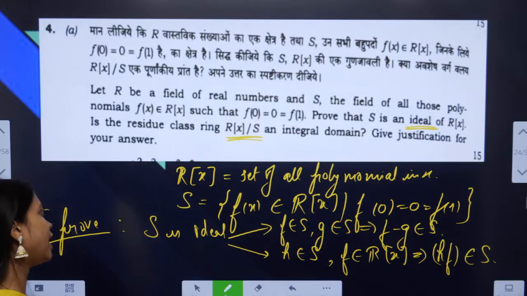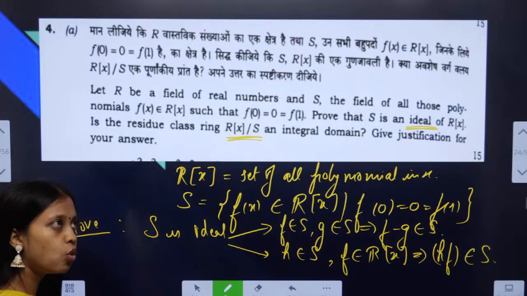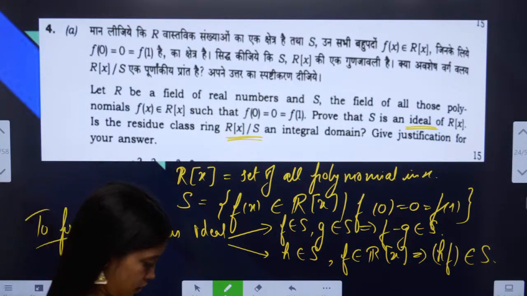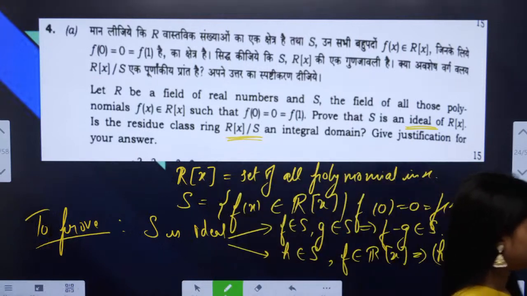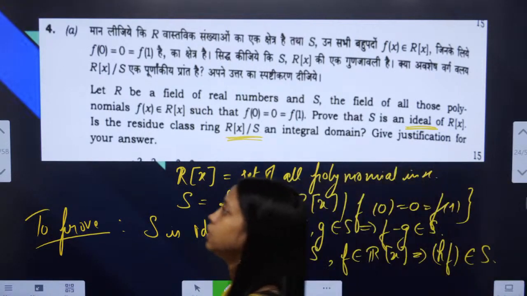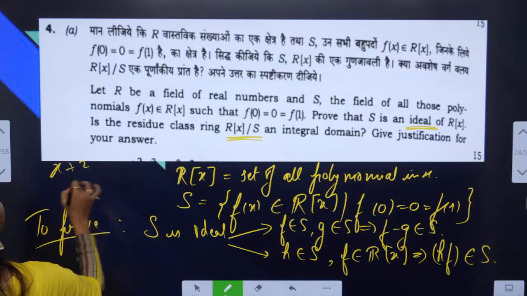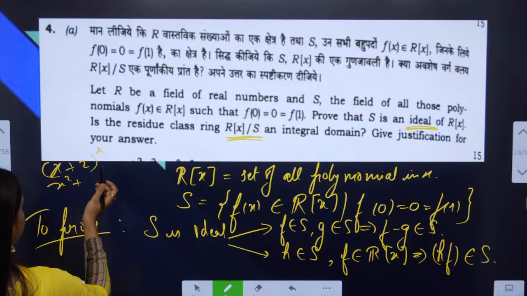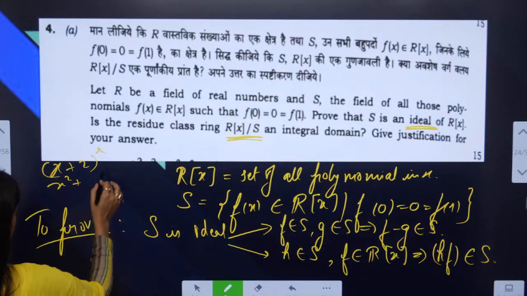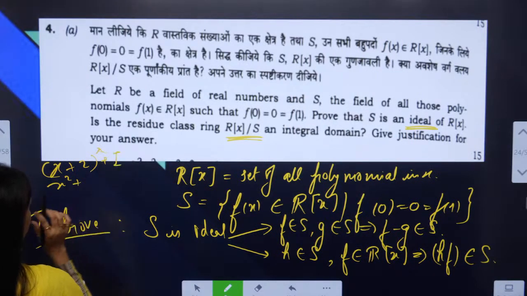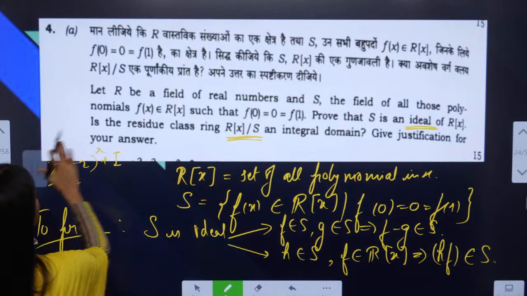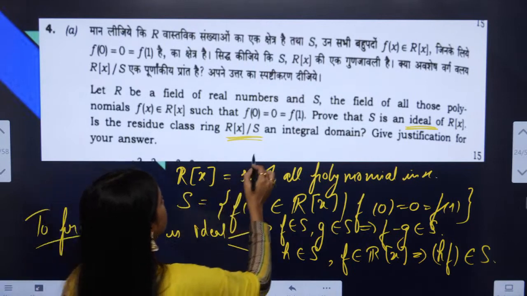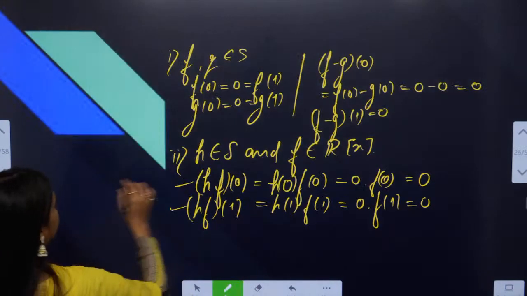Take that polynomial to be x square, or x plus 2 whole square, in Z2x, just a second. You can take the example x plus 2 plus your expression.